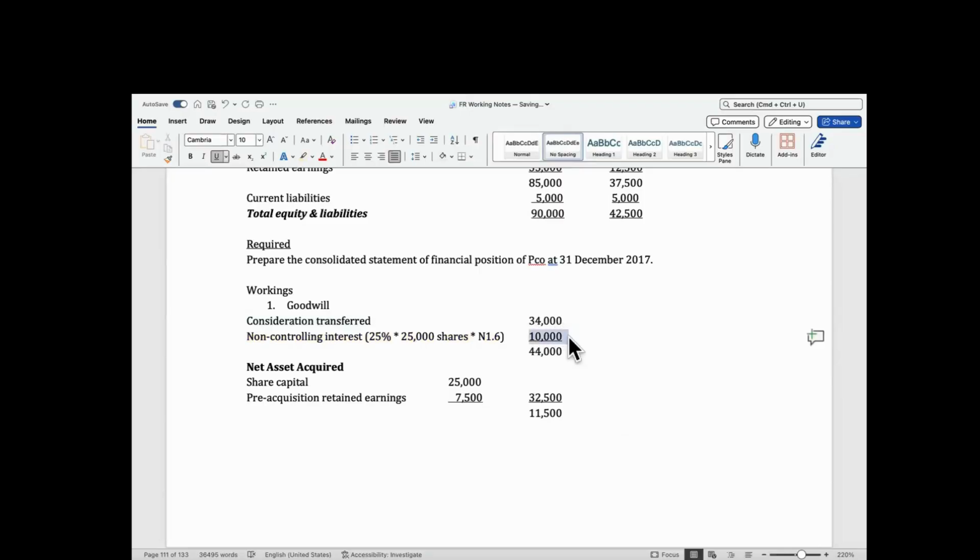Since the fair value of the NCI is 10,000, how much is the value of the net asset of the subsidiary that belongs to NCI? It is 25% times 32.5. So how much is that? 8,125.